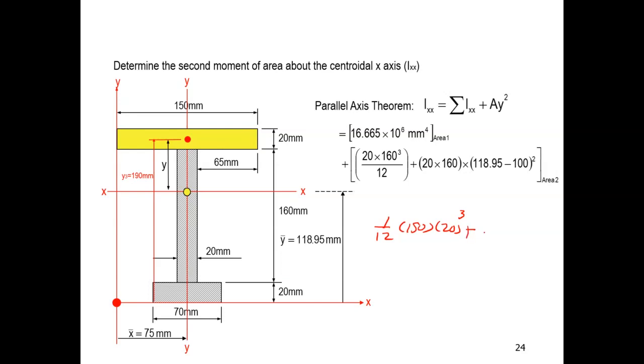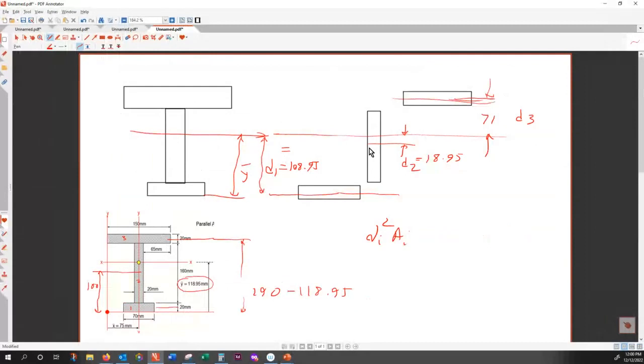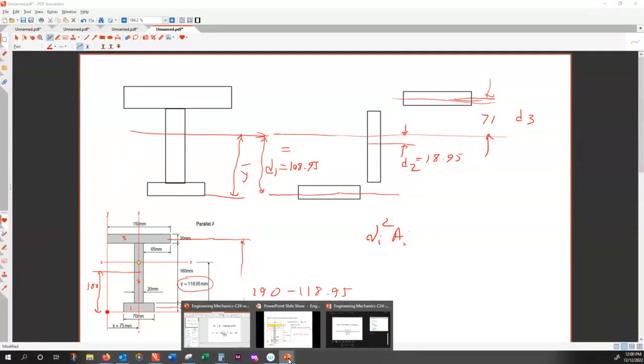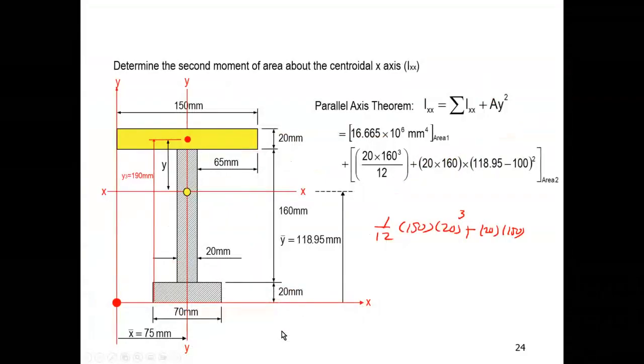The penalty is the area, 20 times 150, times D3 squared. We calculated D3 as 71. And that should give you the third contribution.